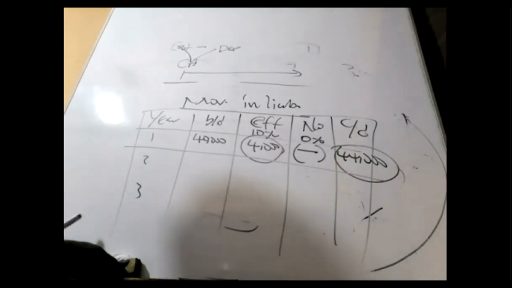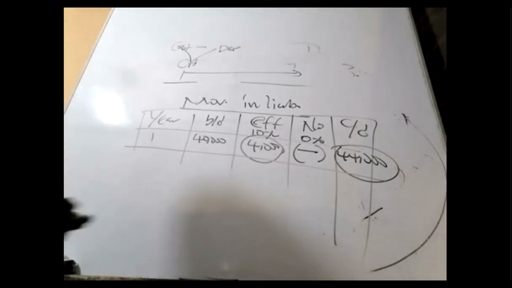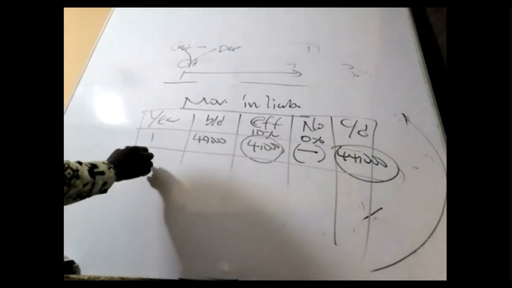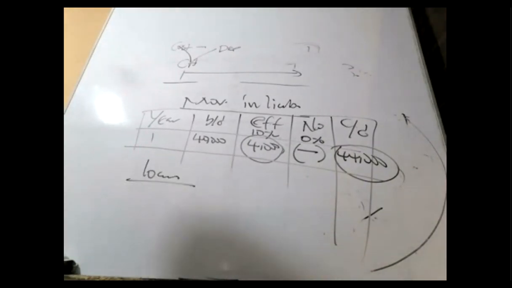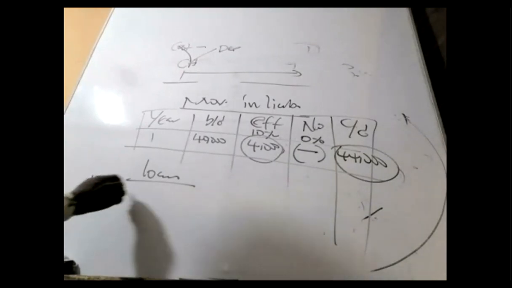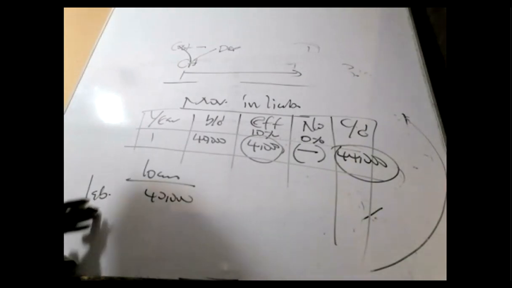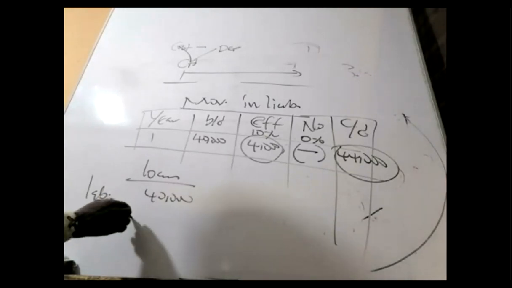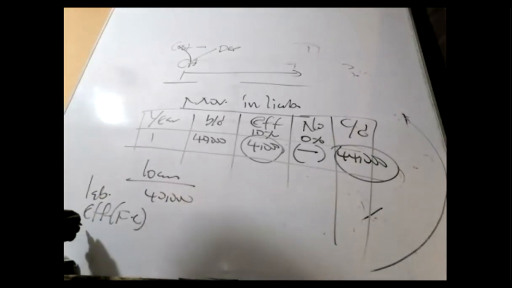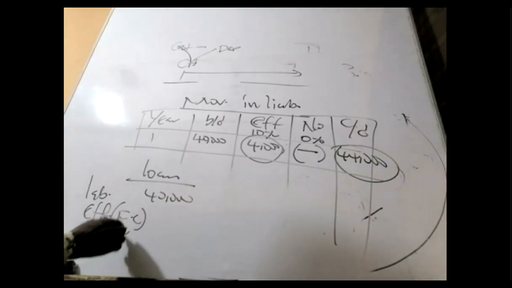So you can even change the presentation to be like this. Loan notes. First of all, we tell the examiner: liability at start, 40,000. Effective interest, in brackets, that's the finance cost, which is 10% on the liability at start times 40,000.